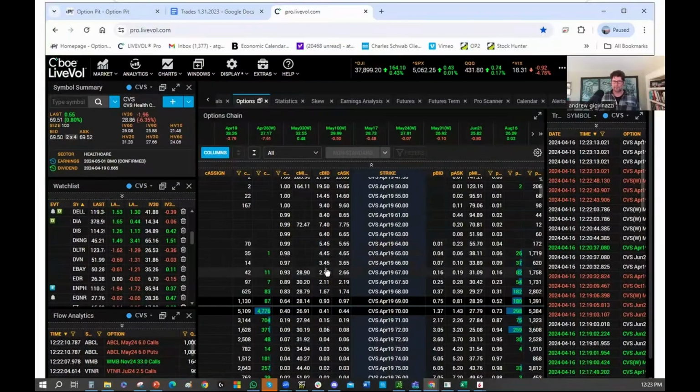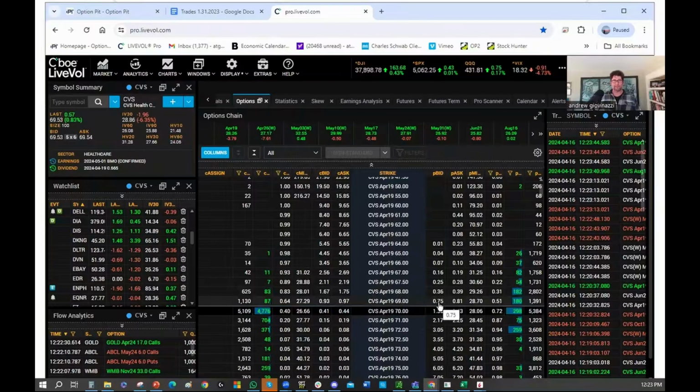Notice all the calls are bid parity until we get right around here. Now, all of a sudden, these put values start to climb from 36 to 75 cents. So the 69 call that a liquidity provider owns, that bid is now over the value of the put at 66 cents.